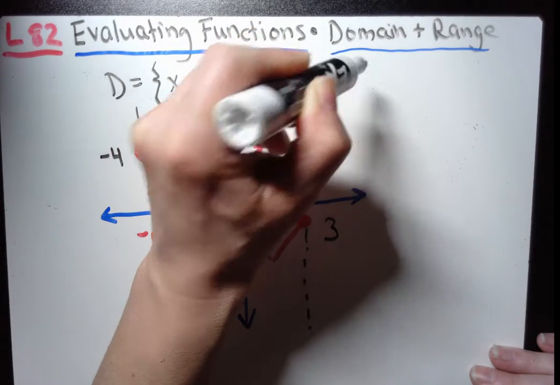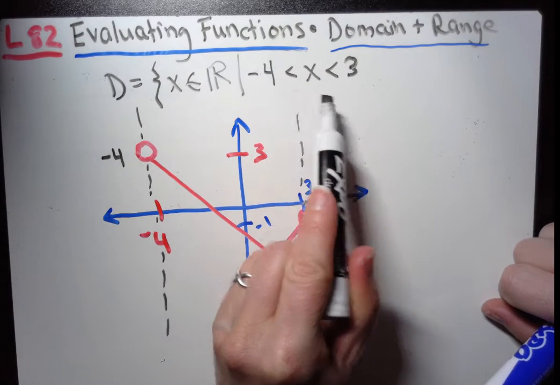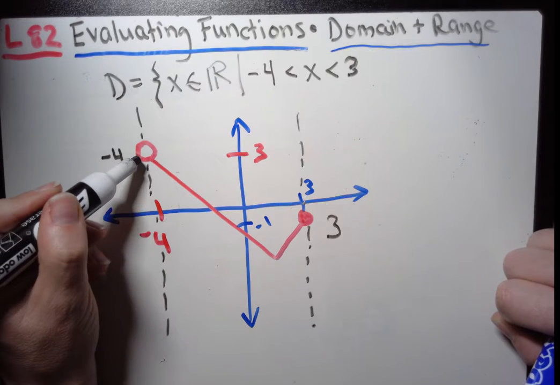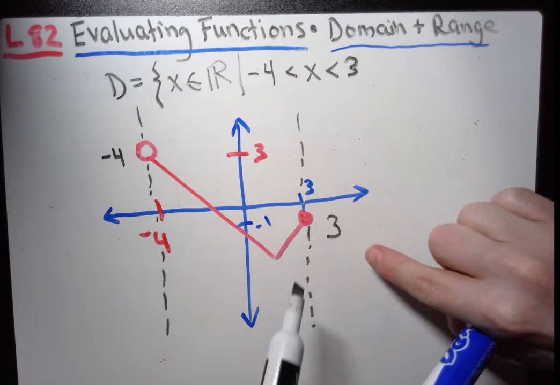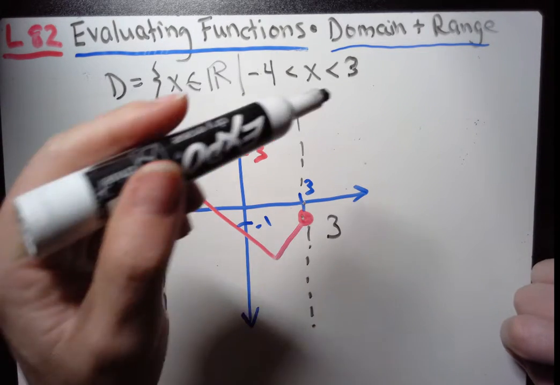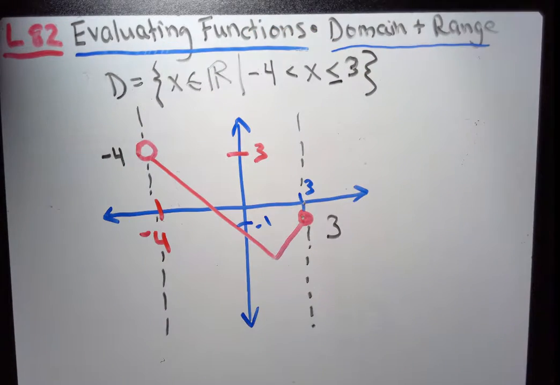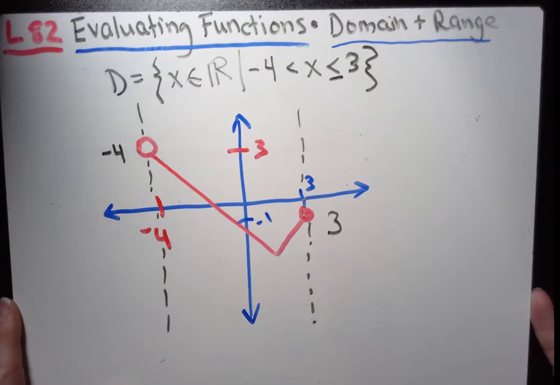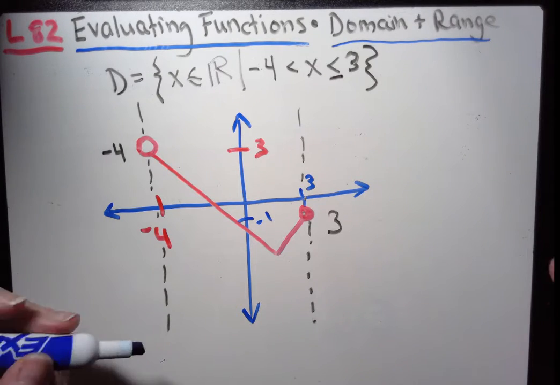So I'm writing a conjunction. Now I just have to be careful with the less than or equal, because -4 is an open circle, so I'm not going to underline this inequality symbol, but +3 is a closed circle, which means +3 is included in the domain. So I'm going to put less than or equal to on the second inequality symbol. So that's the domain. Now let's talk about the range.